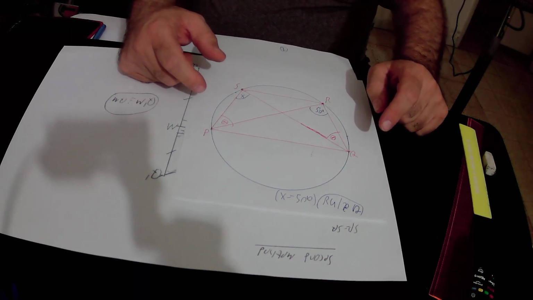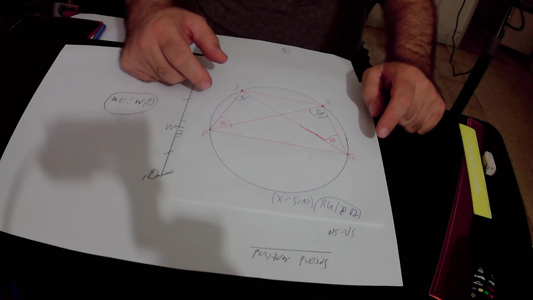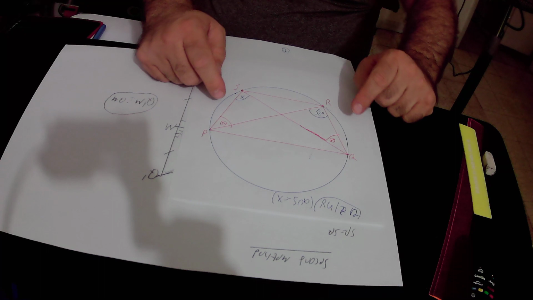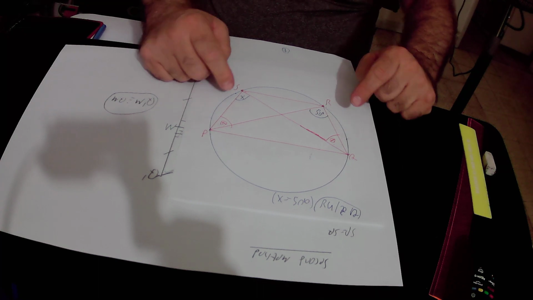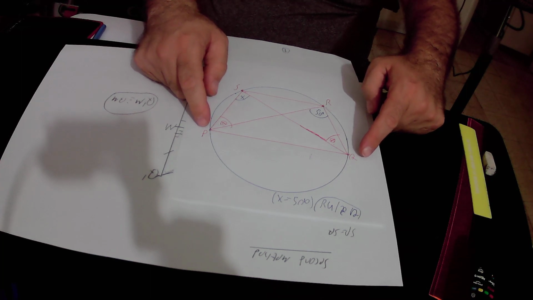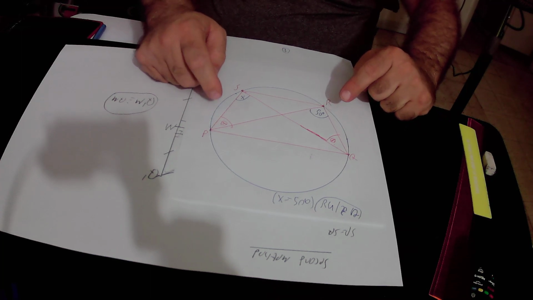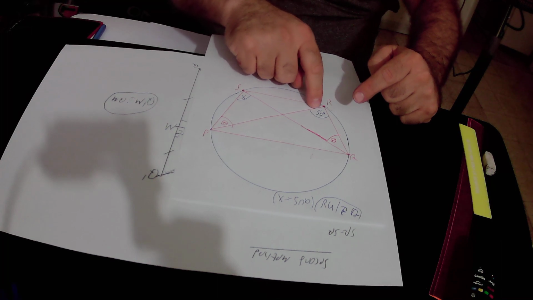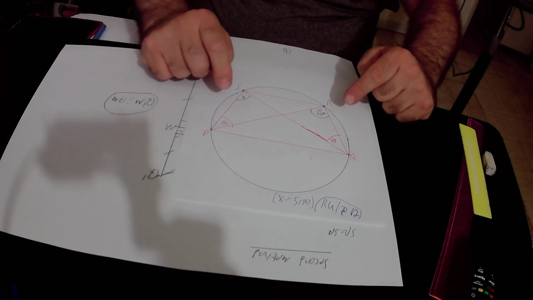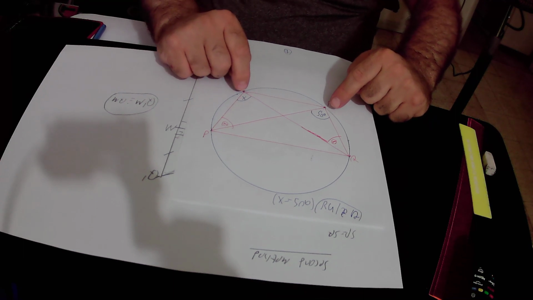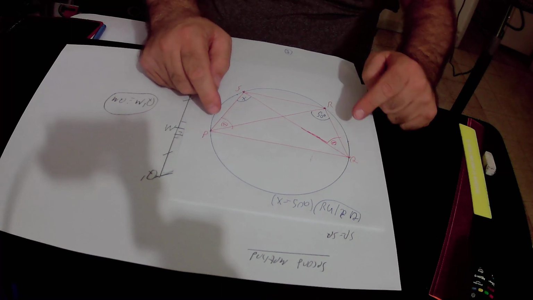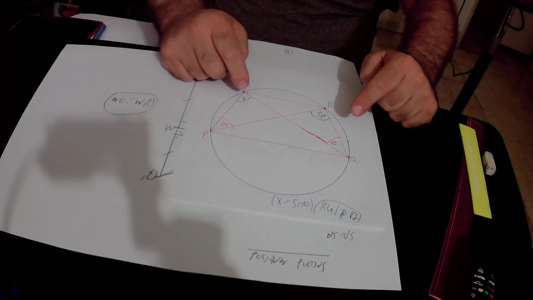And we also have rule number 2, which states that peripheral angles that subtend the same segment line are equal to each other. We have angle X that subtends chord PQ, and we also have angle PRQ that equals 50 degrees that subtends the same chord PQ. Therefore, according to rule number 2, those two angles that subtend the same chord PQ are equal to each other. That is to say, angle X equals 50 degrees.